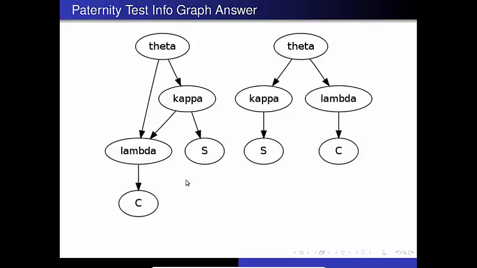Okay, so just to go into the answer here, we have a dad model and a not dad model. Just to make the hopefully fairly straightforward point, the not dad model is basically that the child and putative father are actually not related, they're just random unrelated people from the population.